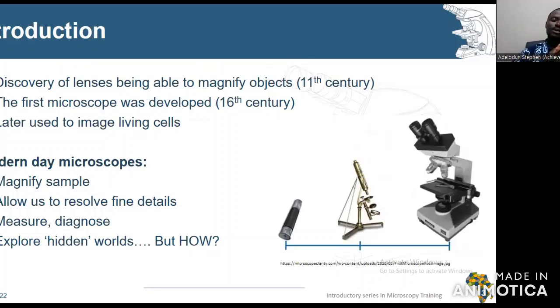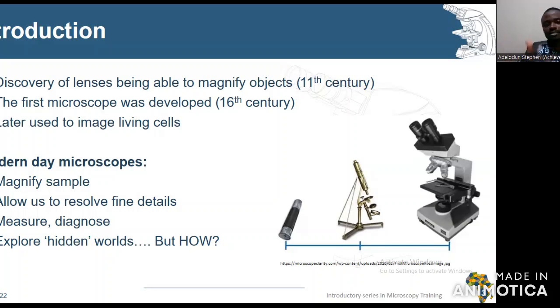By way of introduction, as far back as the 11th century, people were using lenses as magnifiers. They would place their object or whatever they wanted to view below the lens, and they discovered that the lenses were able to magnify the object or their specimen.